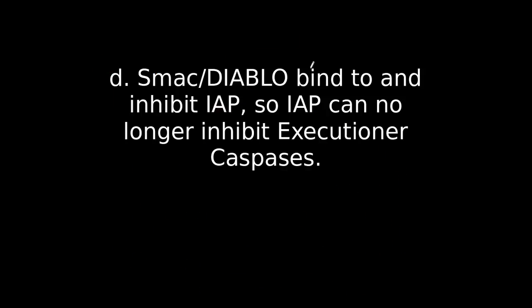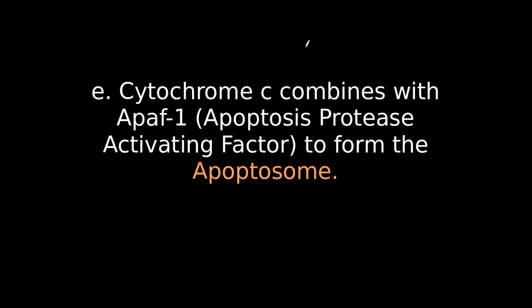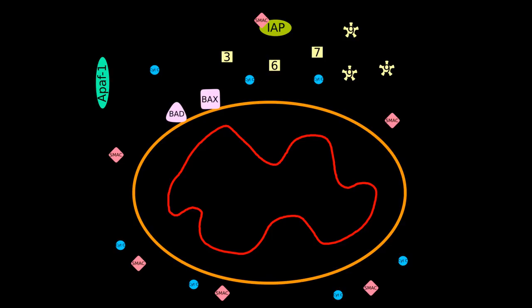Now, SMAC Diablo binds to inhibitor of apoptosis, or IAP, so that IAP can no longer bind and inhibit the executioner caspases. So we have SMAC binding to IAP, and IAP losing its hold on the executioner caspases. Then cytochrome C binds with APAF1, and then APAF1 binds with a lot of other APAF1 to make this wheel of death called the apoptosome.